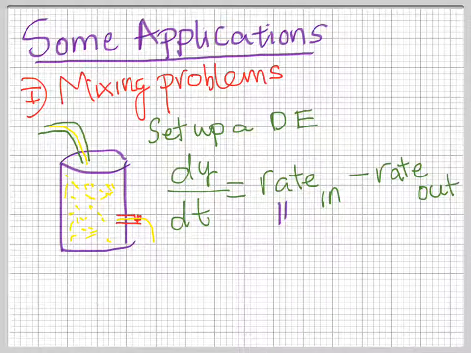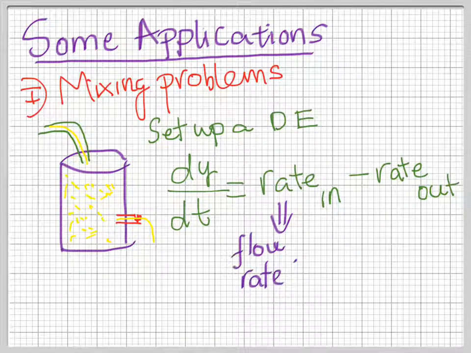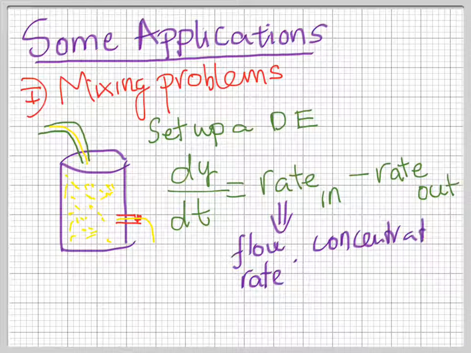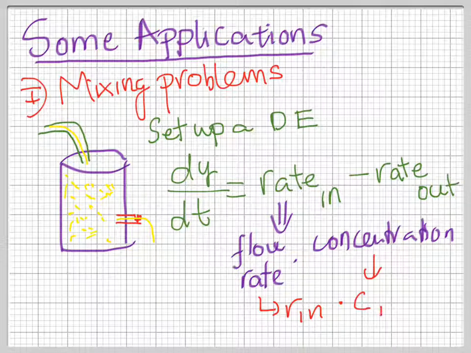So what is rate in? Rate in can be measured using the flow rate multiplied by the concentration of the chemical substance. The flow rate in and the concentration can be called R in and C in. And what is rate out?